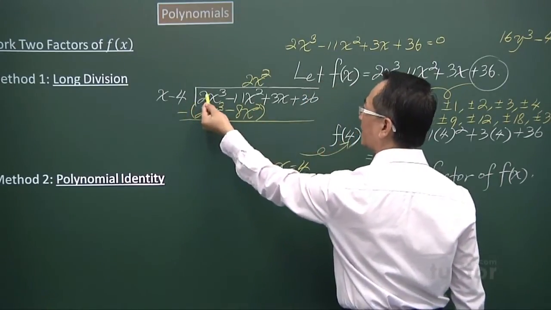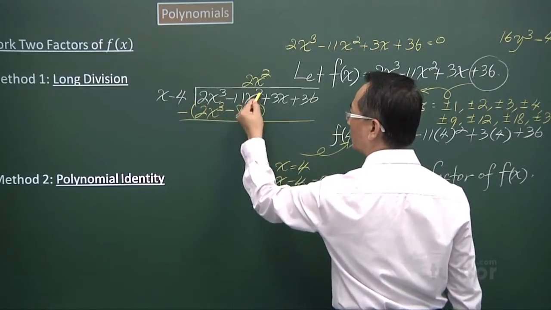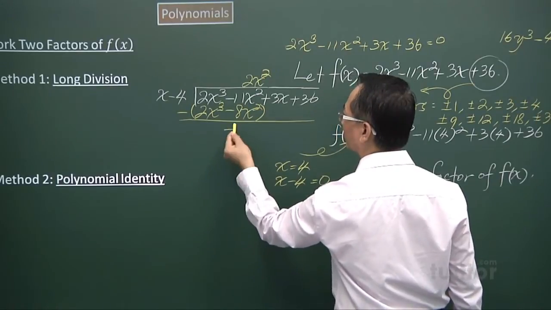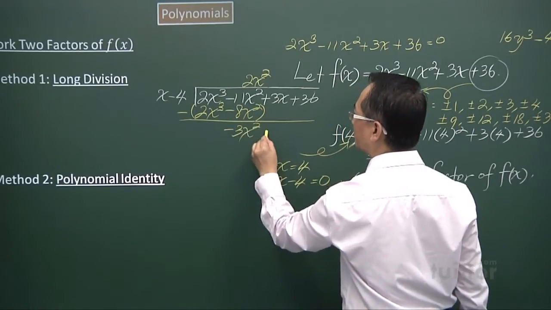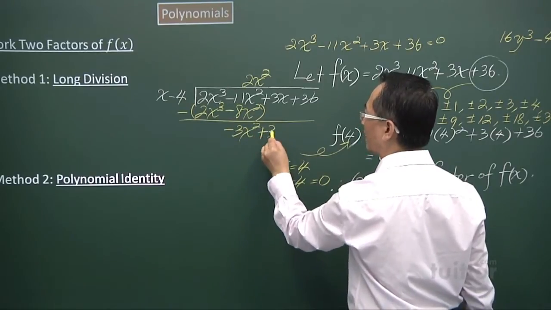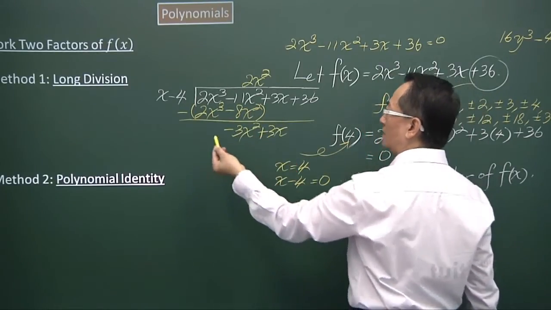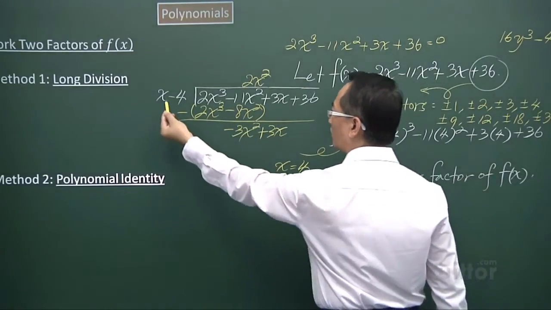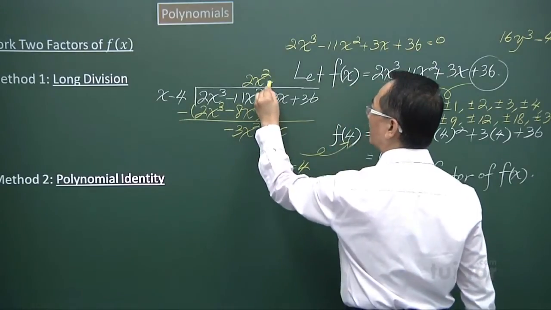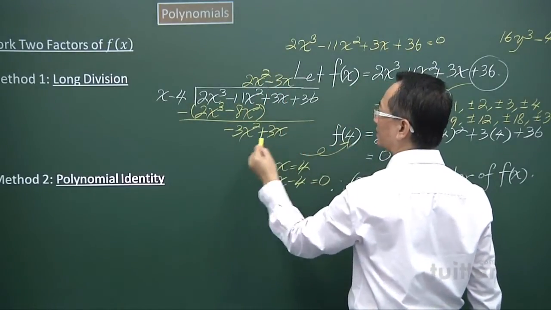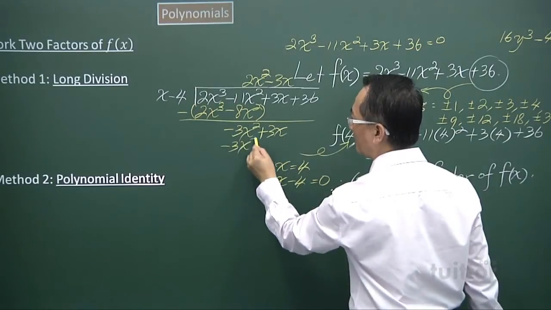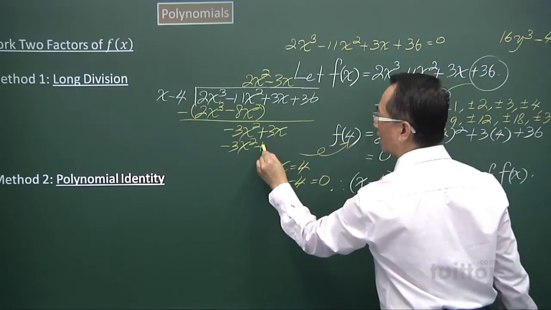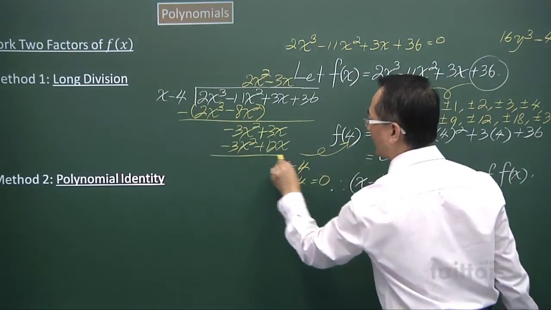I take the expression at the top minus the expression at the bottom, so I get negative 3x squared plus 3x. Now to get rid of the first term here, I need to multiply x by negative 3x. Then I will have negative 3x squared. Then negative 3x multiplied by negative 4, I get positive 12x.